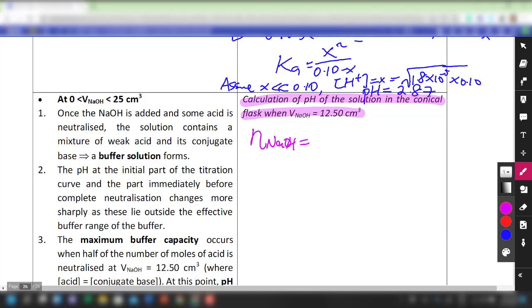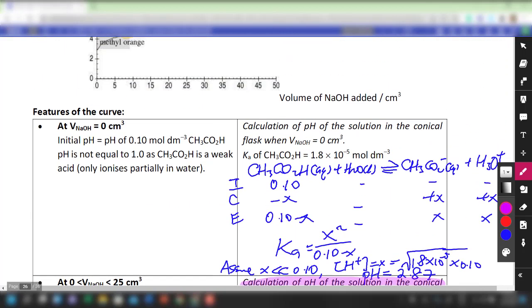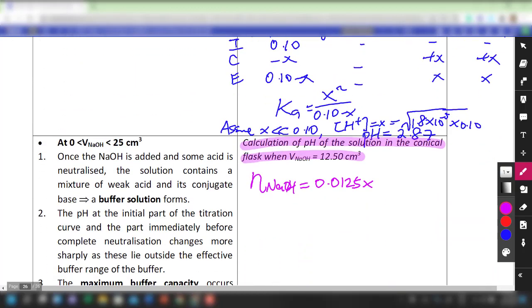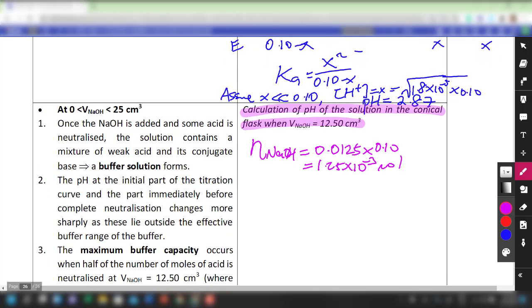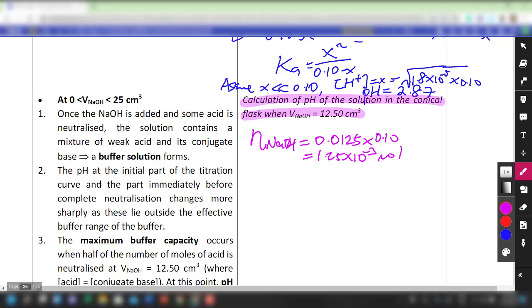That will be 0.0125 multiplied by the concentration of hydroxide, 0.10, which in standard form is 1.25 times 10 to the power minus 3 moles.